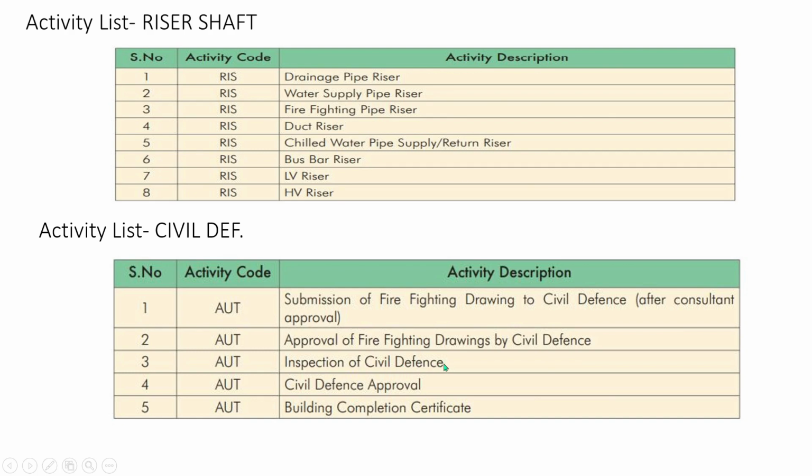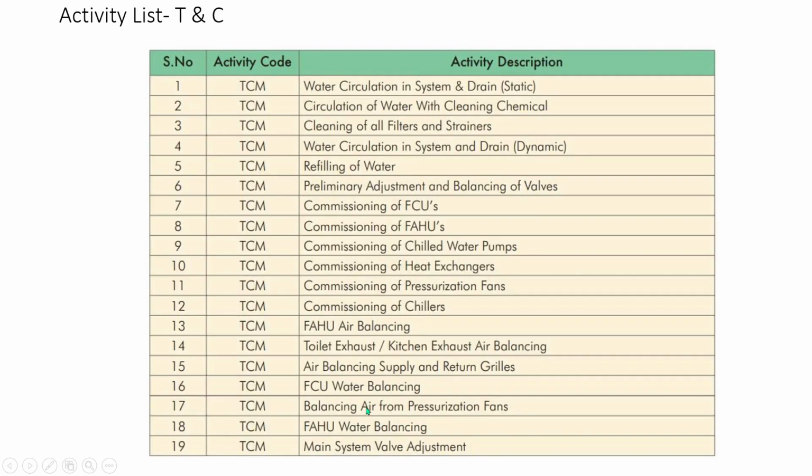Once that's accepted, their representative engineer will visit your construction site and check the credibility of the work. Then once it's passed, civil defense will give the approval. Then simultaneously they will issue the building completion certificate.